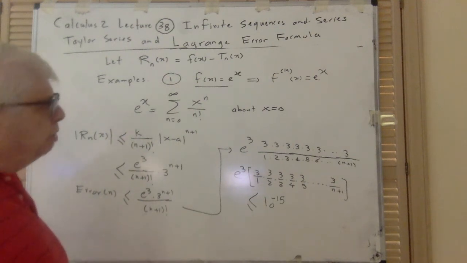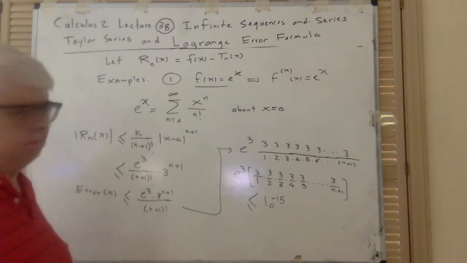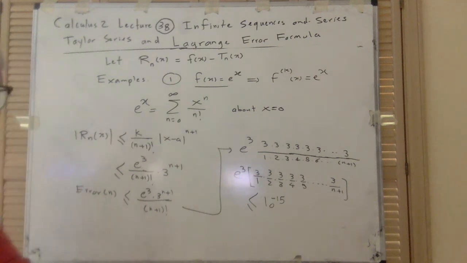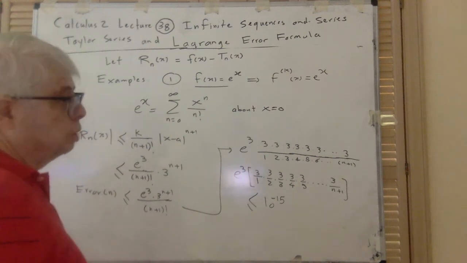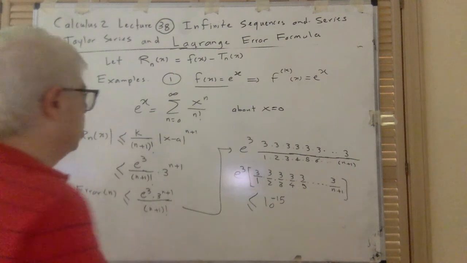Now, for e to power x, it might not be a good idea, but let's look at the other two nice functions that we found Taylor series for. And those are the trig functions, sine and cosine, not tangent. Not tangent.